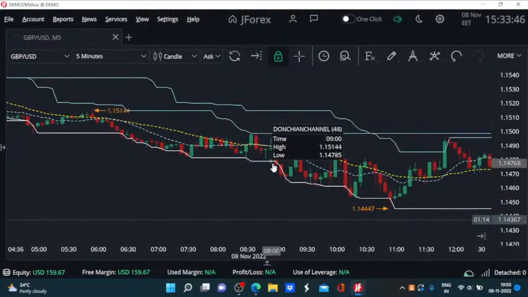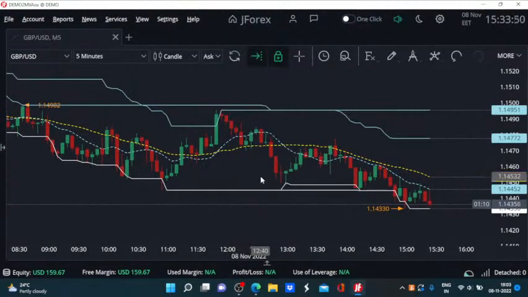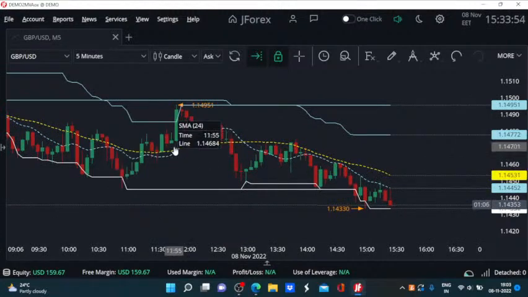Here it has continued to make lower lows for the day. We have this strongly bearish momentum prevalent in the GBP USD. It has weakened throughout the day against the dollar. So I would say that for the upcoming session also we can expect the relative weakness of the GBP to prevail.